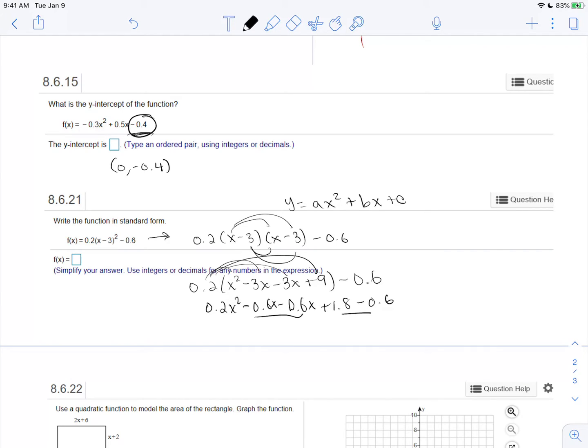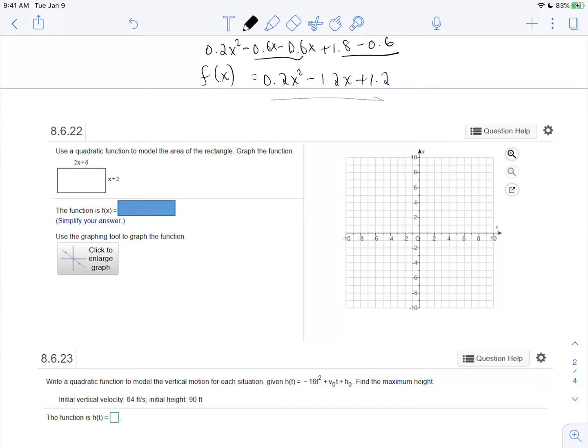We're going to combine like terms, and I get 0.2x squared minus 1.2x plus 1.2. Okay, so that's our equation from vertex form to standard form.